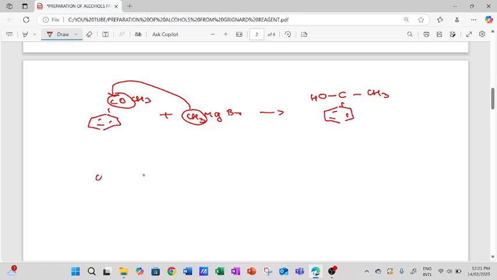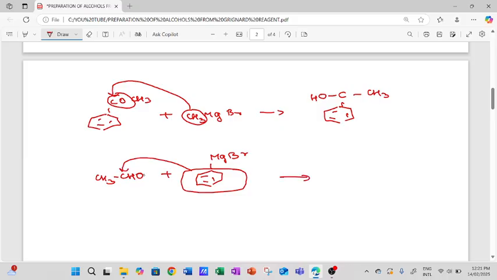Like CH3CHO. CH3CHO, acetaldehyde, is being added to phenyl magnesium bromide. Here in this phenyl magnesium bromide, this is the part which is the aryl part. It can be alkyl magnesium halide or aryl magnesium halide. So this part will be added to the carbonyl carbon.